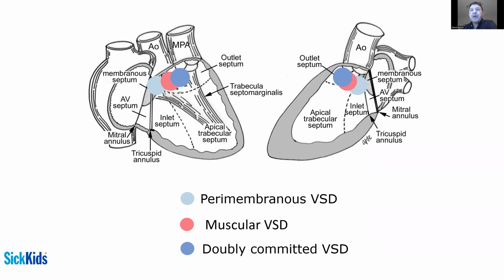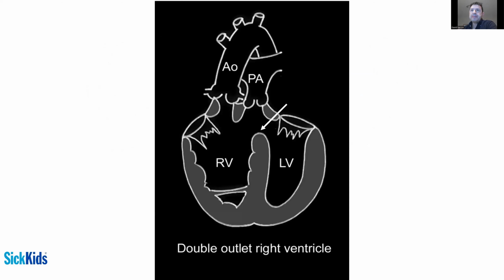You have to sit with them and go through the echoes and look particularly at the sweeps, where you're looking through the heart with one constant video image, to really try and understand the relationship between the tricuspid valve and the VSD, and the relationship between the great arteries and the VSD. If you take time and look back and forwards again and again, you start to get a real confidence in understanding exactly where you're going to find that VSD, and is it perimembranous, is it muscular, or is it doubly committed?